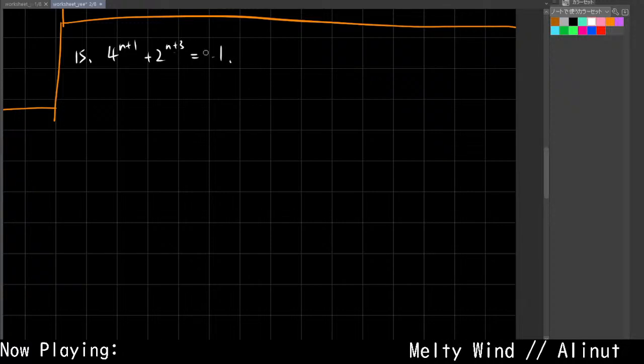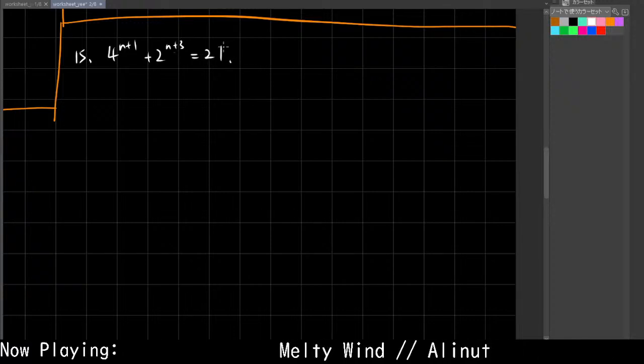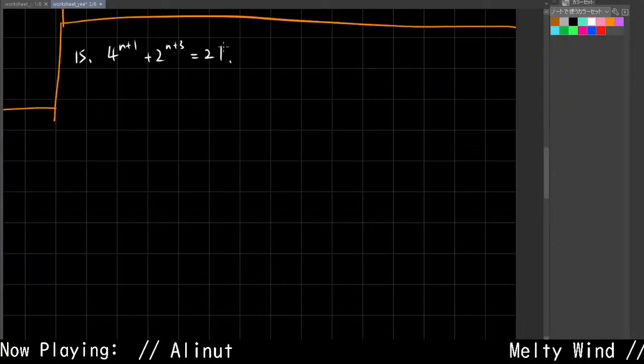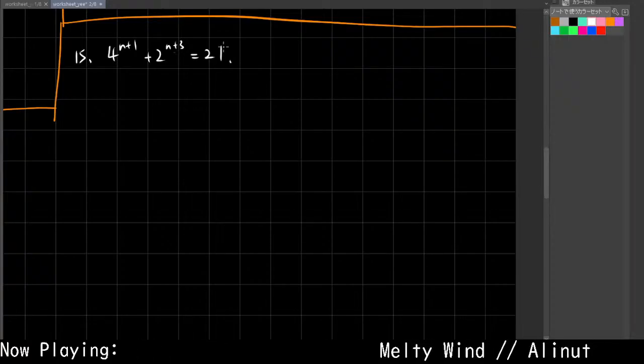Okay. So if you want to solve this, I will need to convert everything into powers of 2.